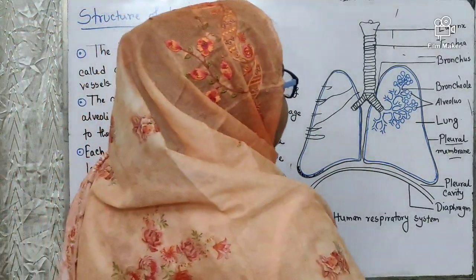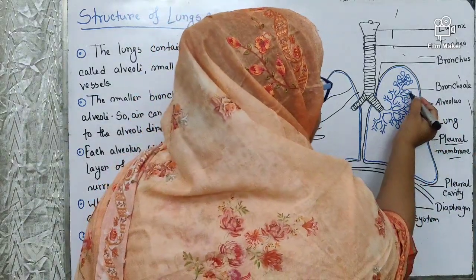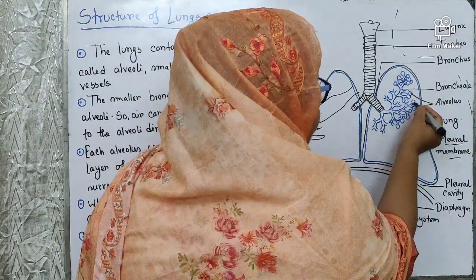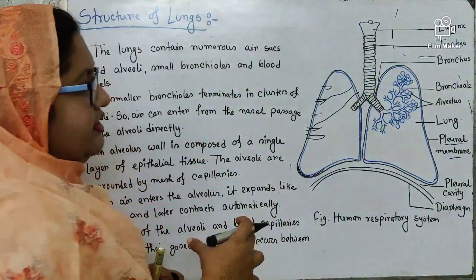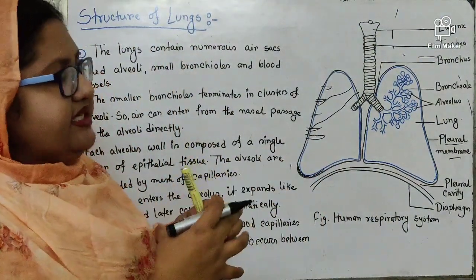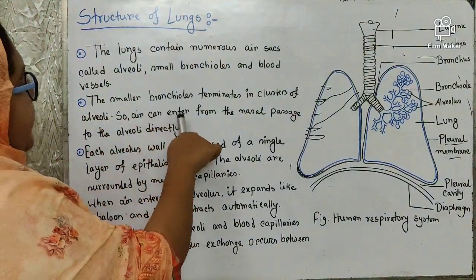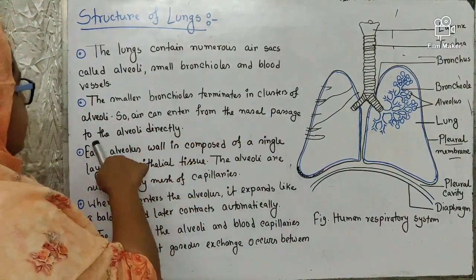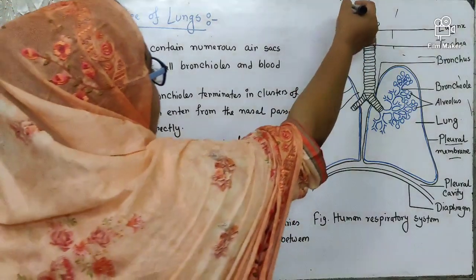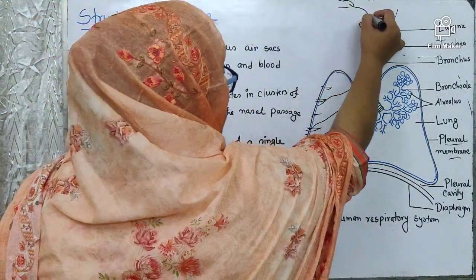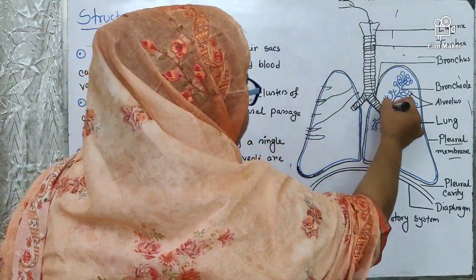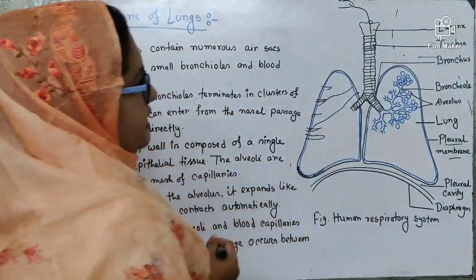These are the clusters of alveoli. This alveoli remains in a cluster form. So air can enter from the nasal passages to the alveoli directly. From the nasal passage, the air goes through the windpipe and directly enters the alveoli.